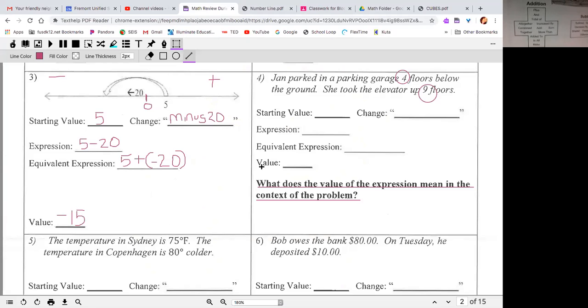But I did include your word bank, so you can always refer to that. Let's see. So Jan parked in a parking garage. I'm not hearing any action words over there. 4 floors below. Oh, below. Well, that's one. It's underneath, you know?